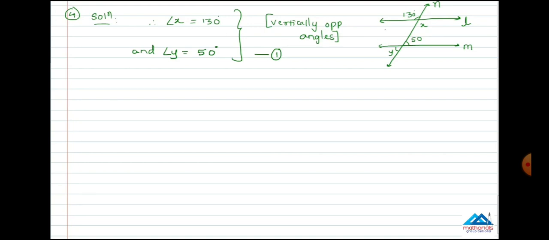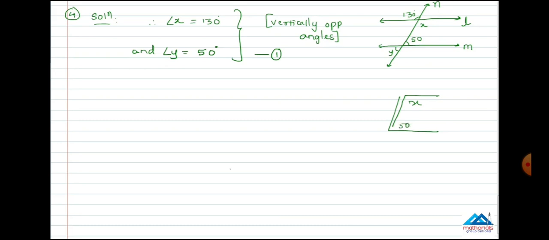Now we want to prove line L parallel to line M. So student, here we will use the sum test. Here angle X and angle 50 degree are forming interior angles, forming C shape, X and 50 degree.